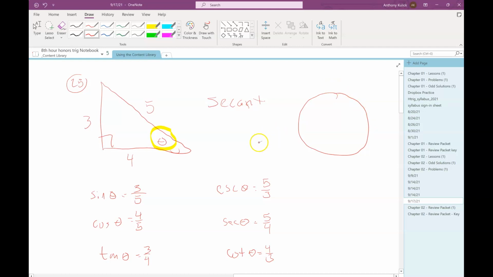It's like a line like this that goes through a circle, as opposed to a tangent that hits the circle in just one point instead of 2 points.